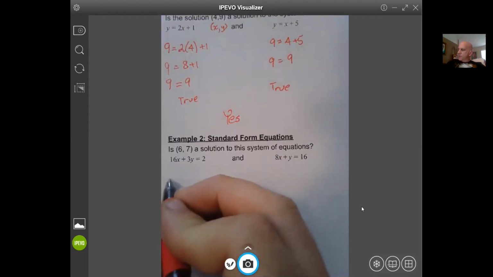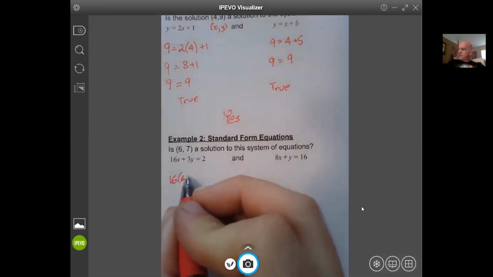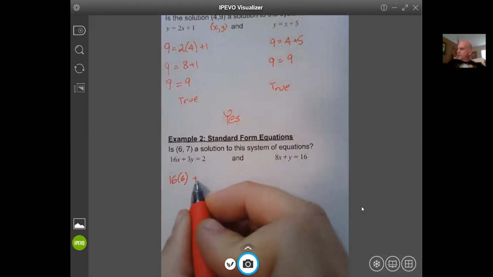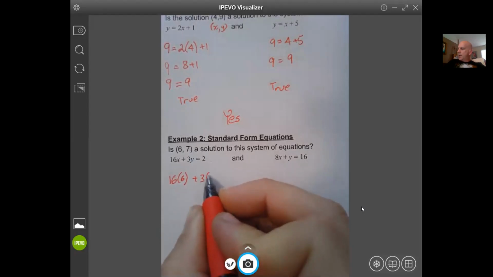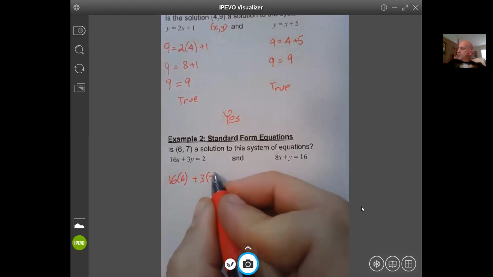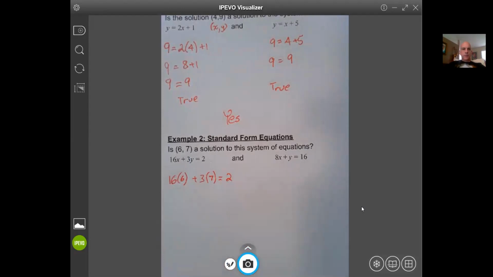So first thing I want to do is replace. I'm going to say 16 times 6, so 16x means 16 times x, plus 3 times 7. And does that equal 2? I think we probably can tell right away that this is going to come out false. 16 times 6 is certainly a much bigger number.